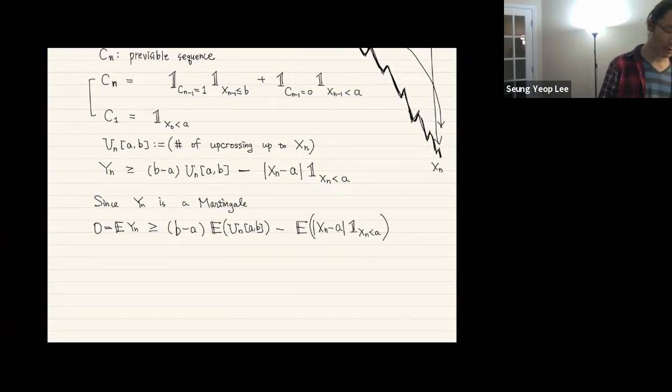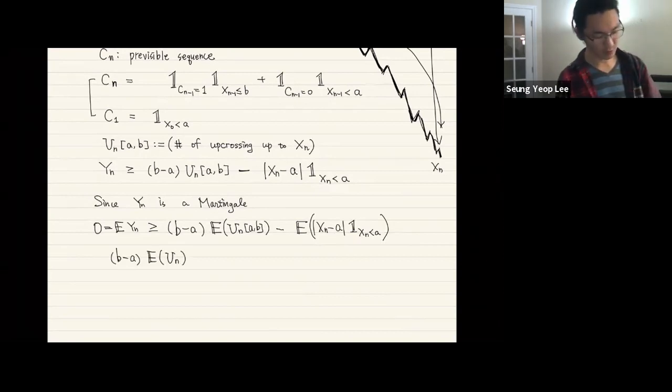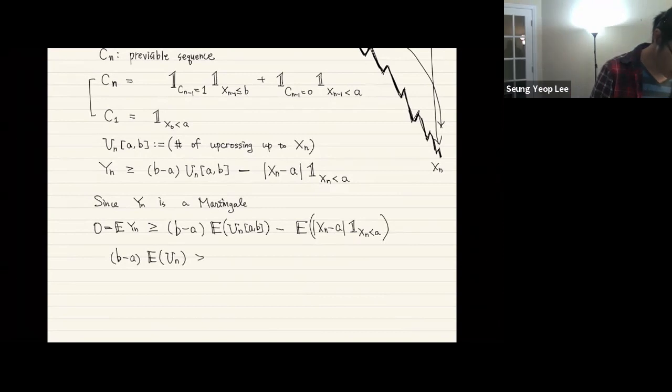So we get this inequality, which is less than 0 of this summation, meaning that b minus a, this thing. So let me just write with just Un, not including a and b, is bigger than the expectation of this.